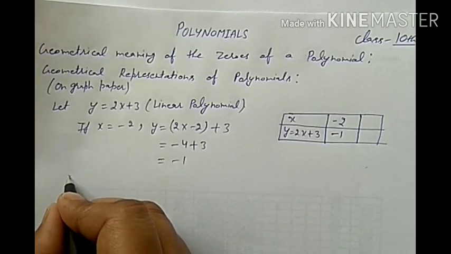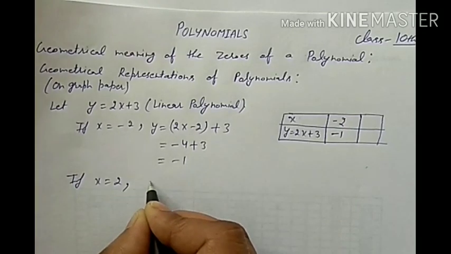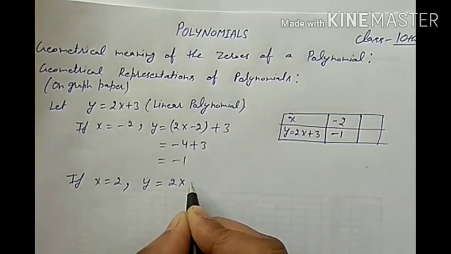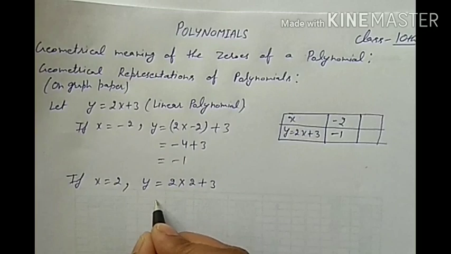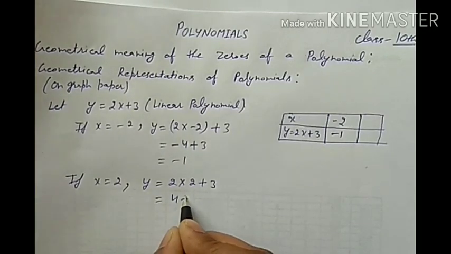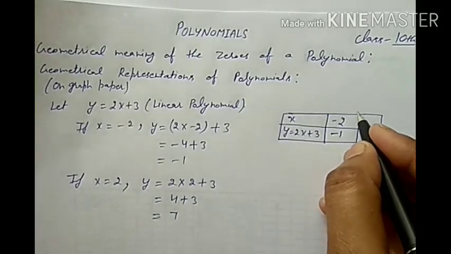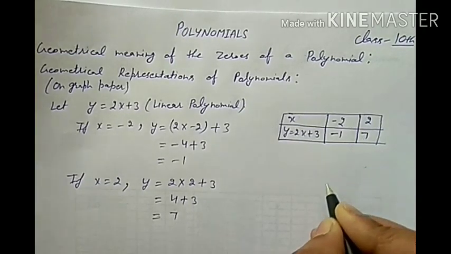Second, if we take x is equal to 2, then y is equal to 2 into 2 plus 3, is equal to 4 plus 3, is equal to 7. Means x is equal to 2 and y is equal to 7.